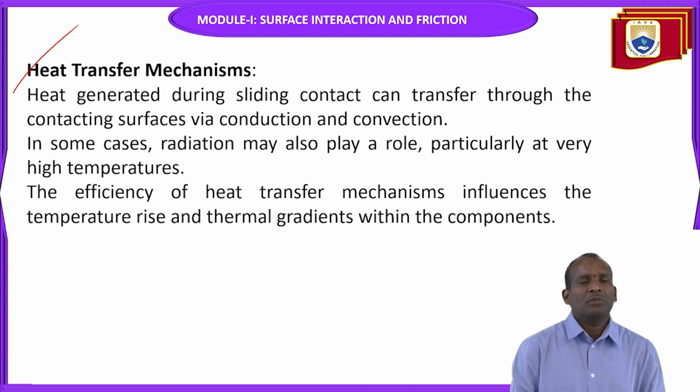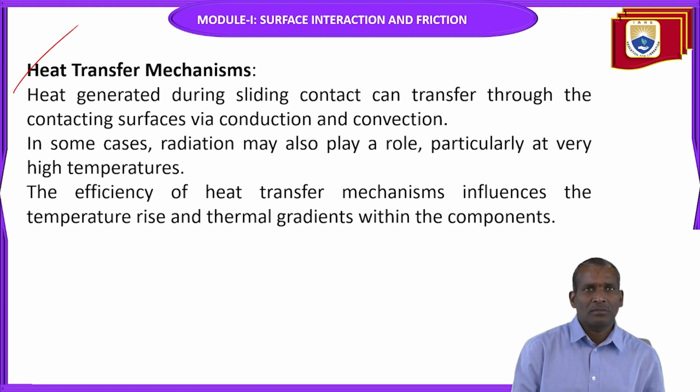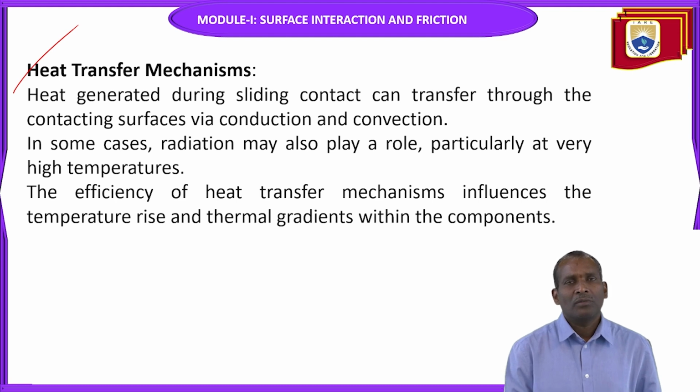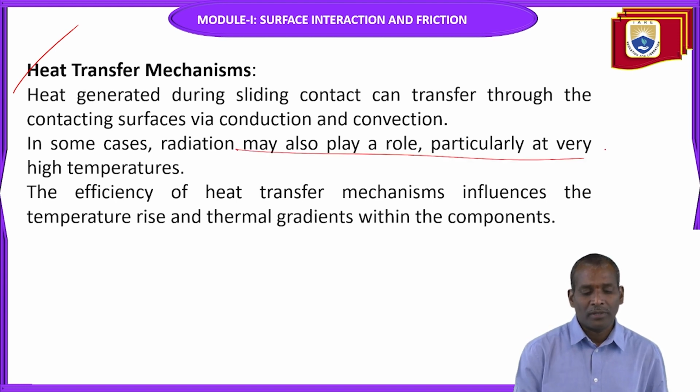Next, heat transfer mechanisms. So heat generated during sliding contact can transfer through the contacting surfaces via conduction and convection. Generally there are three types of heat transfer mechanisms, already you know: conduction, convection, and radiation. In some cases, radiation may also play a role, particularly at very high temperatures.